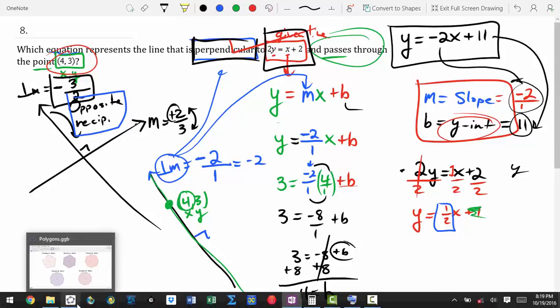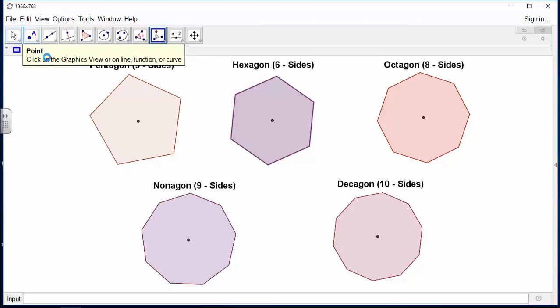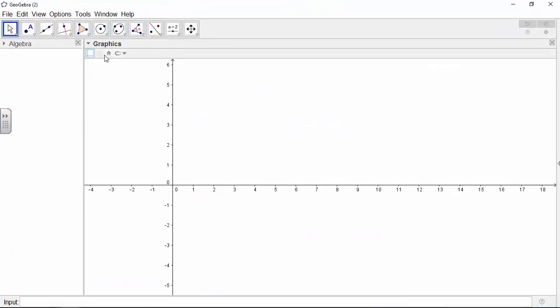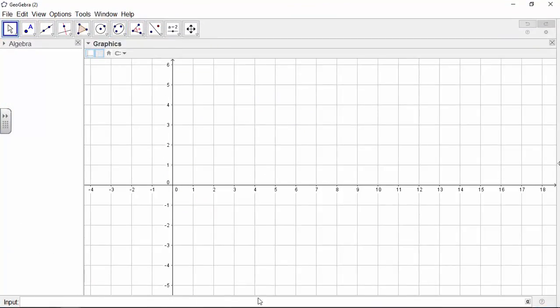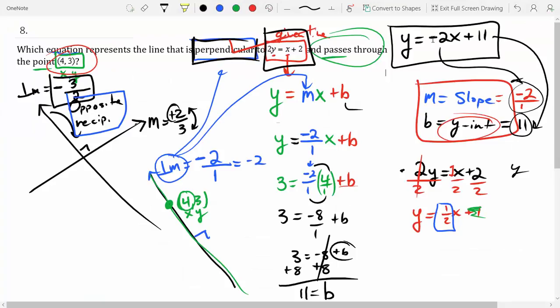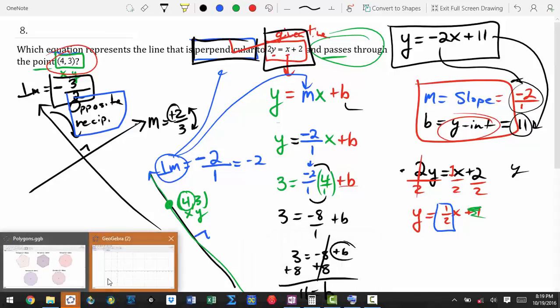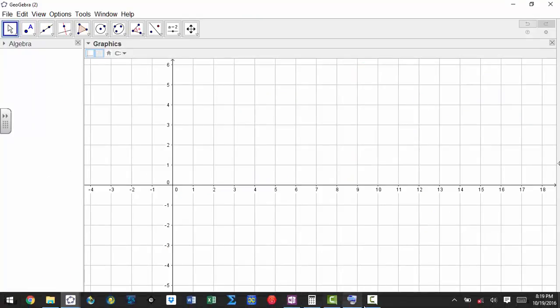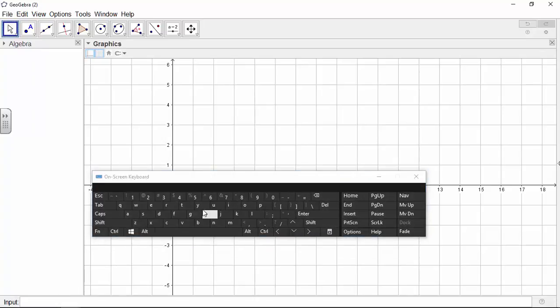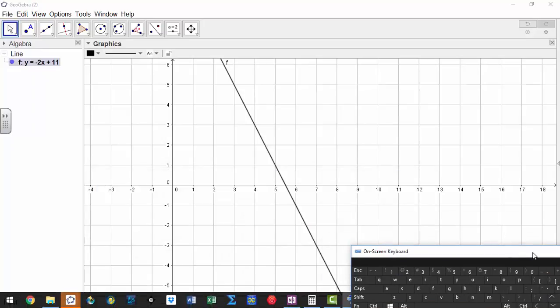I can show you in GeoGebra that those things really are in fact perpendicular. So if I were to plug in my line, y equals -2x plus 11, it's going to graph a line.